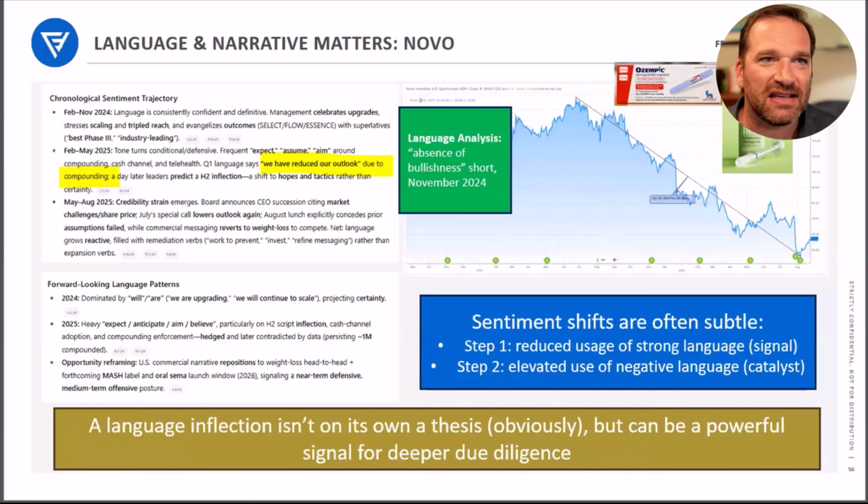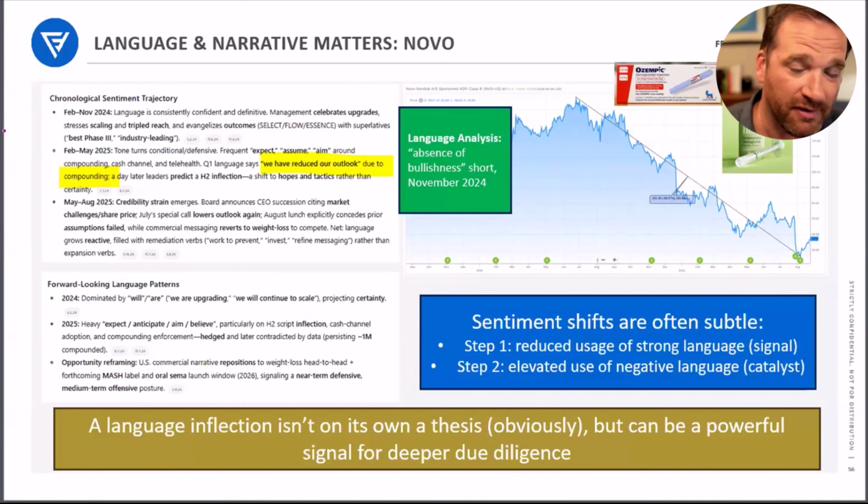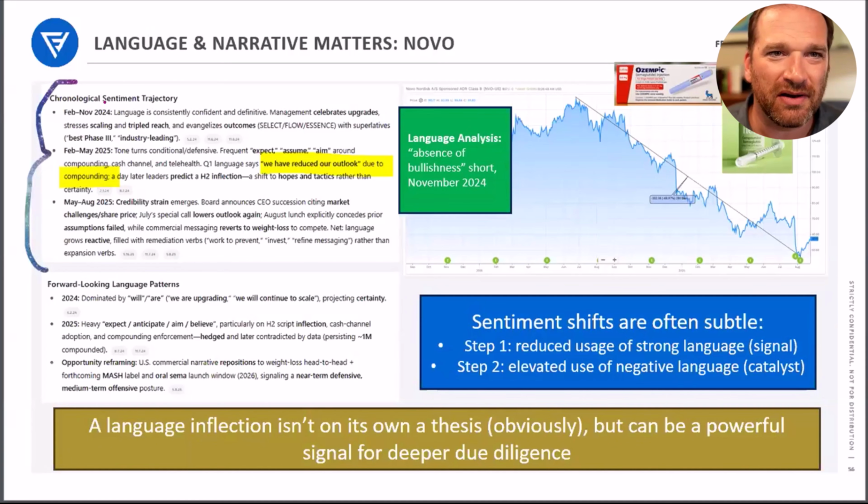What you see if you prompt GPT-5, again, this is a general purpose model, it's not a Hudson Labs, and anyone can do this, is a chronological sentiment trajectory showing February 24 was really the last time management communicated this sort of strong celebratory, positive confidence.